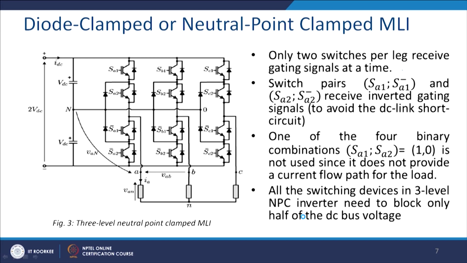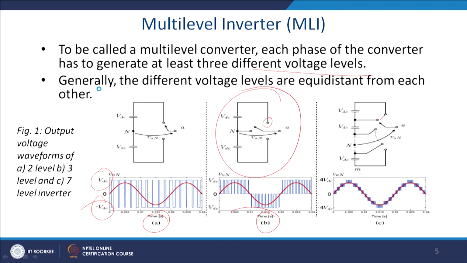So, this is the direct clamp or the neutral point clamp MLI. As I told you, this will have a neutral point diode, and how you will come out with this logic: if you go back here, this is the 3 level inverter and that realization has been shown.